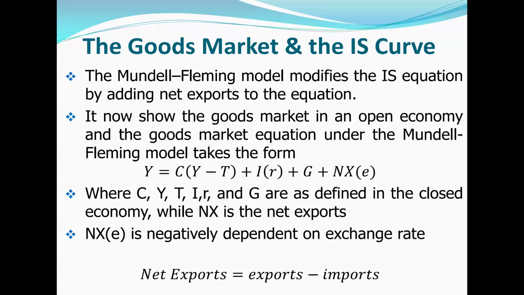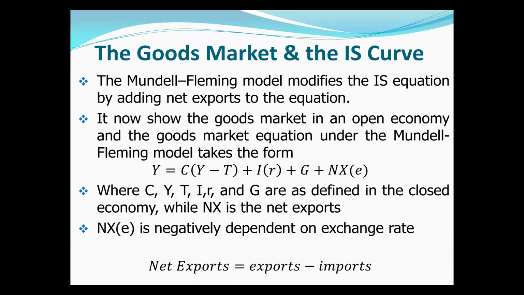So basically, it is just a modification. The IS in the Mundell-Fleming model is just the same as the one we have in the IS-LM, only that the one in the Mundell-Fleming model has the net exports. You've seen it, right?